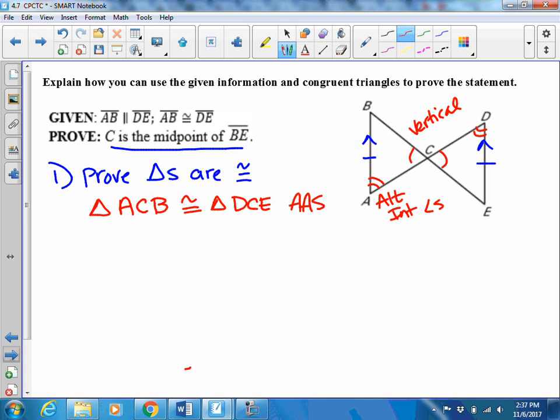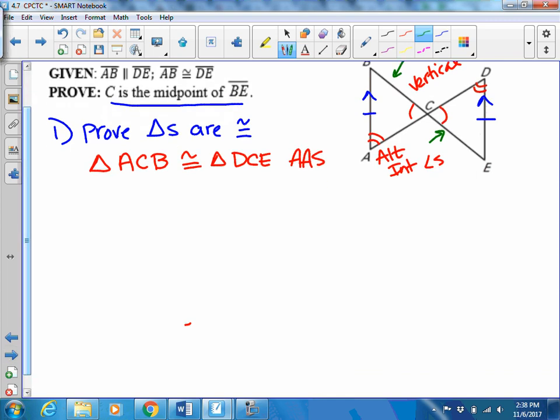So in order to show that C is the midpoint of BE, I need to show that segment BC is congruent to segment CE. And I know that's true already because if I've shown the triangles are congruent, all their corresponding parts are equal. So I also know that segment BC is now congruent to segment CE.